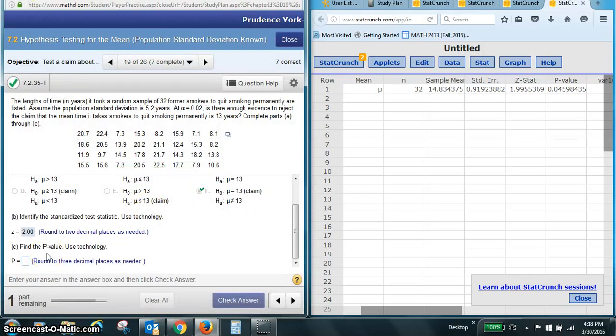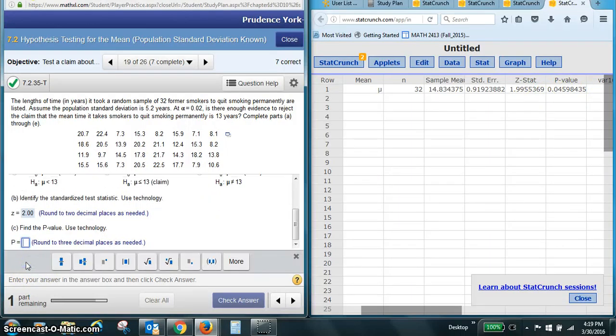Then it wants the p-value. Now this is something I wanted to talk to you about because you notice that this is a not equal, which is a two-tailed. However, StatCrunch knows that your alternative hypothesis was two-tailed, and it calculates the two-tailed value. So you don't have to do anything to this particular number. You just type it in as you see it, 0.046.